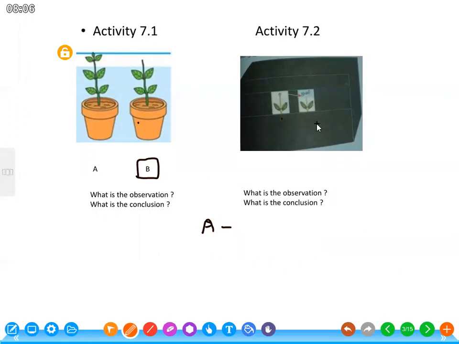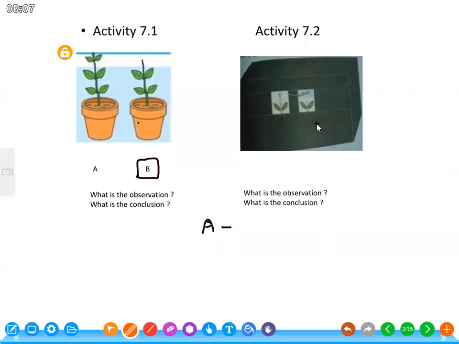What is the conclusion? The conclusion of this activity: there is an effect of the apex on the growth of a plant.